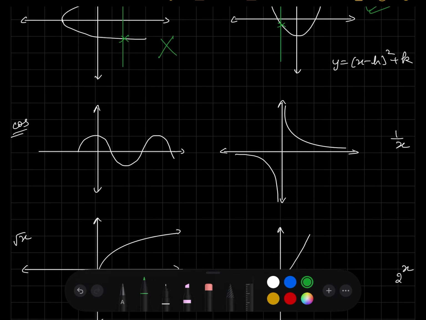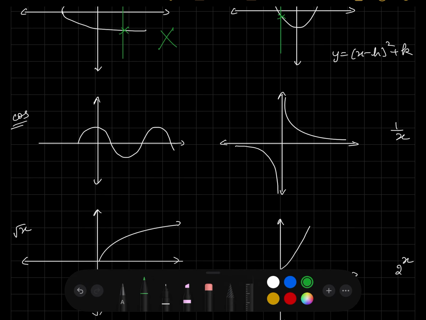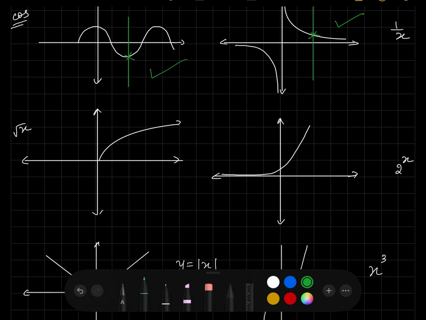For this sine cos curve, if I draw here, it is again a function because it intersects at only one point. Now this reciprocal function, 1 over x, also passes the vertical line test, so this is a function.